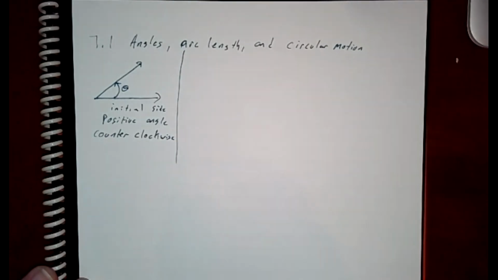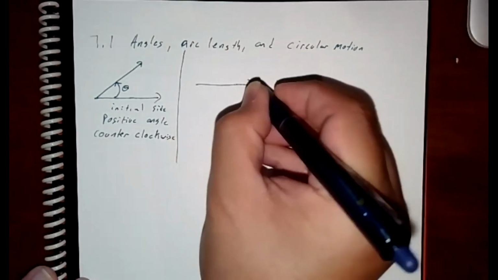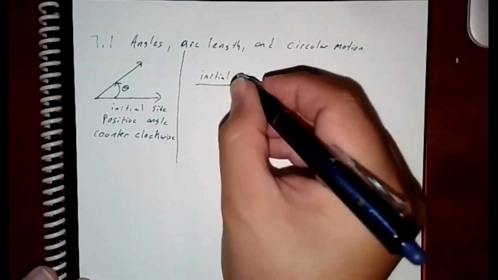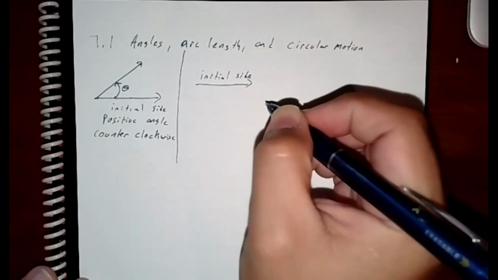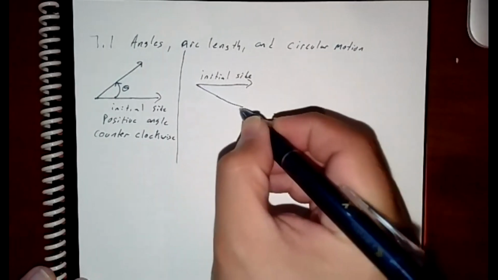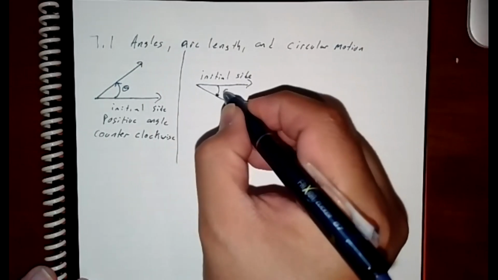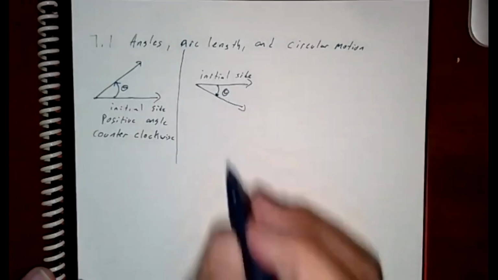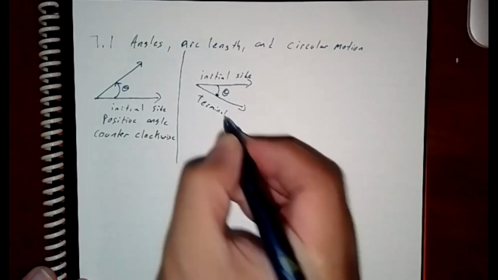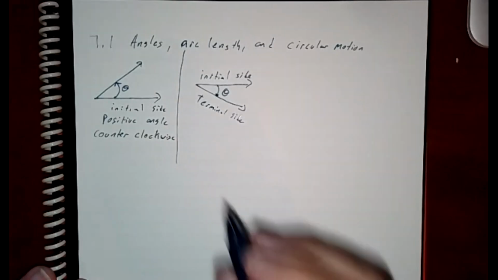Now, if this is our initial side, going this direction to my terminal side, this is a negative angle.